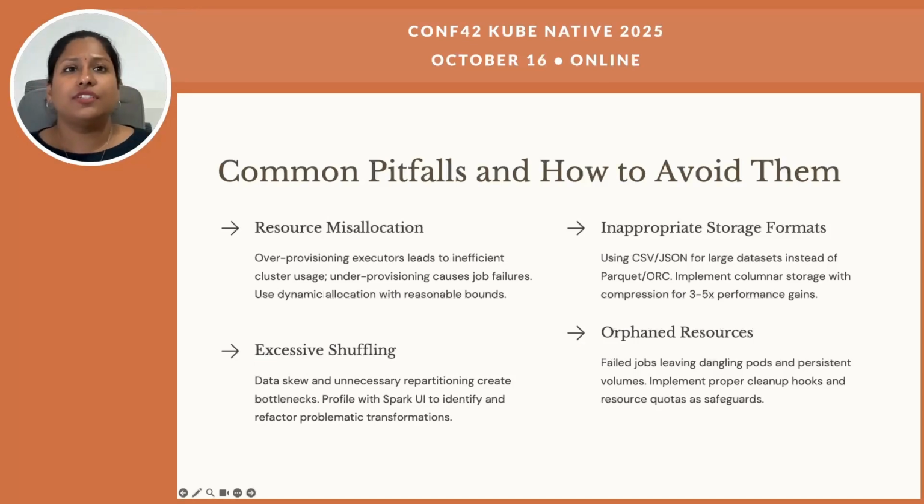Orphan resources: failed jobs can leave pods or persistent volumes, so add cleanup hooks and quotas as guardrails. Let's land this with a concrete starter plan and three messages to remember.